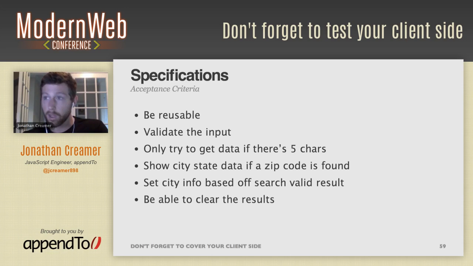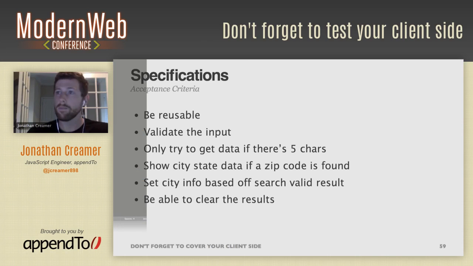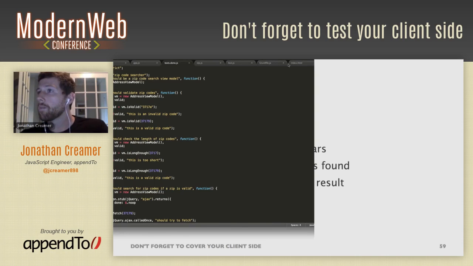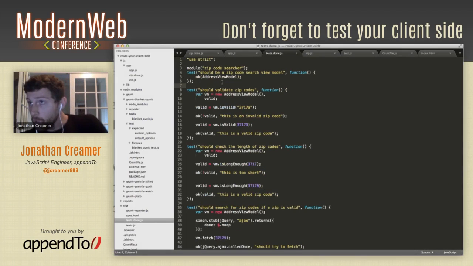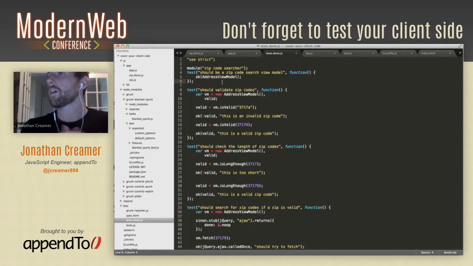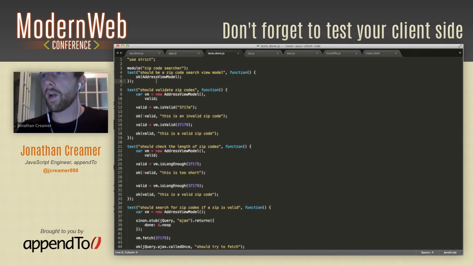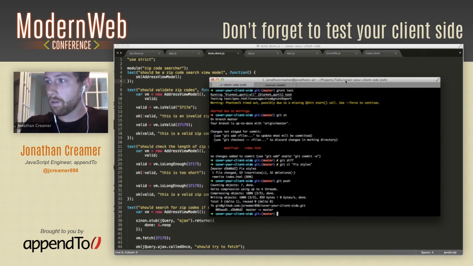Okay, so I'm going to pull up Sublime. I'm going to step through some of the tests that I wrote for this demo that show how everything works. I'm also going to pull up this here, and I'll do grunt watch.